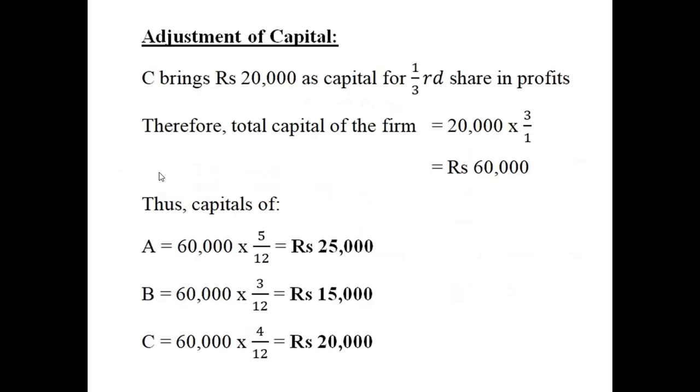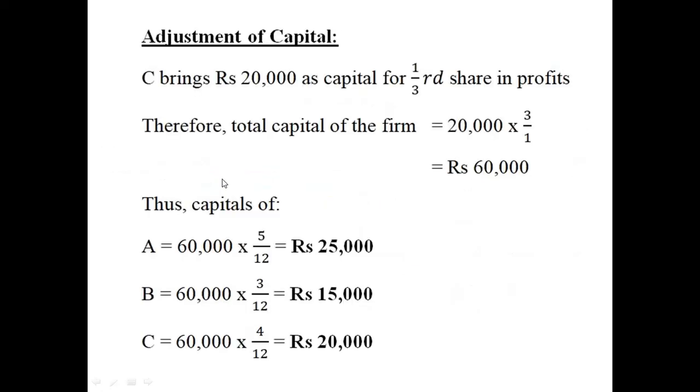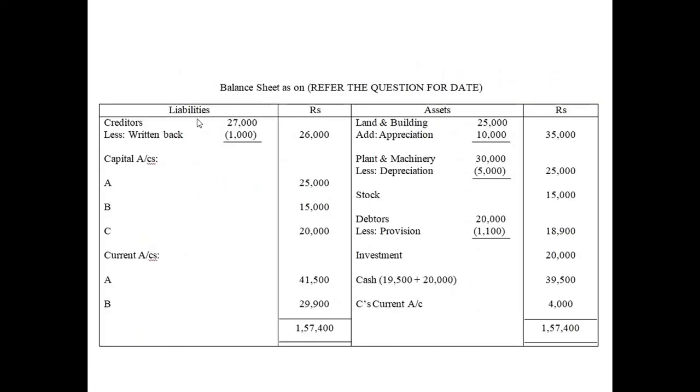So you can see here, the current accounts are appearing in the debit side. When the current account appears in the debit side, it will appear in the liabilities column of balance sheet.